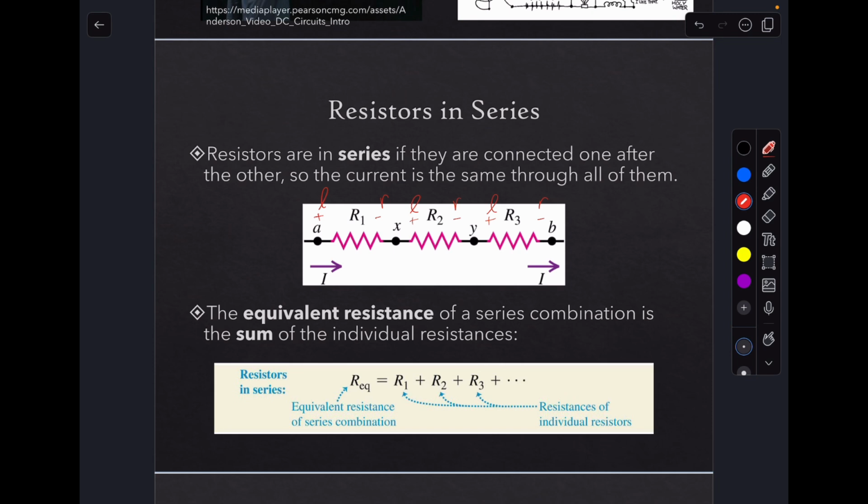Differently than capacitors in series, where you added the inverse and then inverted that to get the equivalent capacitance, resistors in series you actually add straight together. So the equivalent resistance, which is just a simpler model of multiple resistors in series, is equal to R1 plus R2 plus R3.